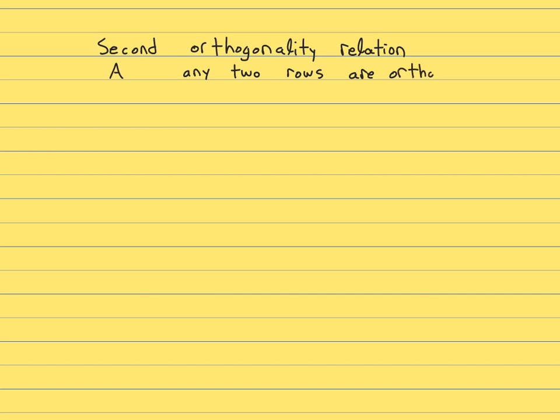It's worth pointing out, this actually does allow you to get a second orthogonality relation. From the fact that if you've got a matrix where any two rows are orthogonal, then any two columns are as well.